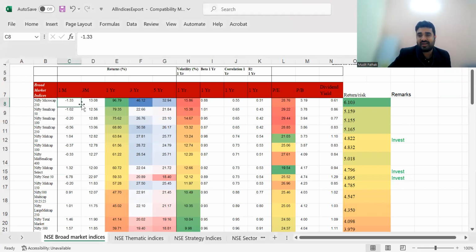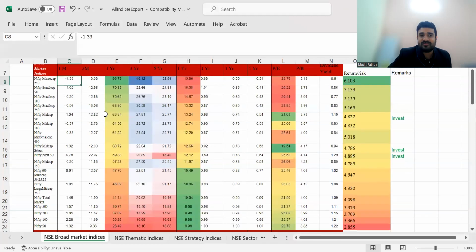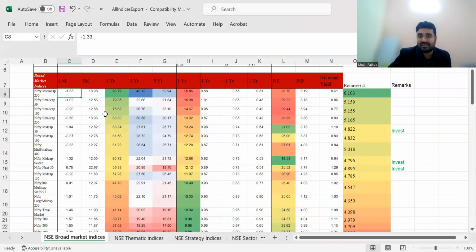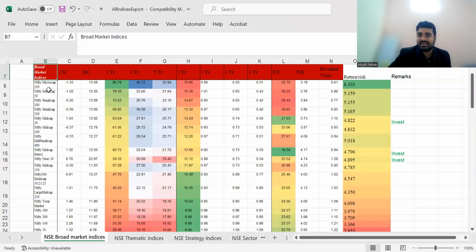So what I have done is extracted this data for you all from NSE, the National Stock Exchange. Micro cap, small cap 100, these are all indices. I have sorted this data by 1 year return, how they have fared in the past 1 year and how much they have given in returns.